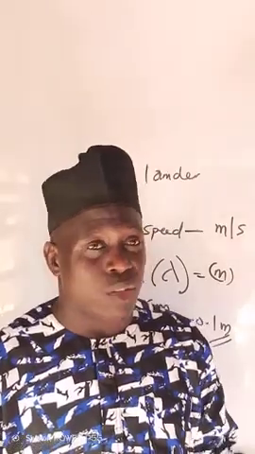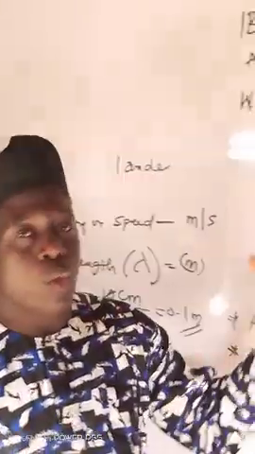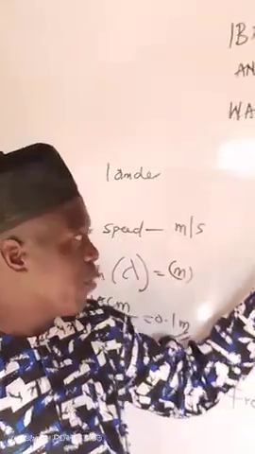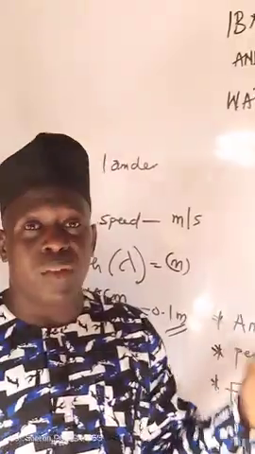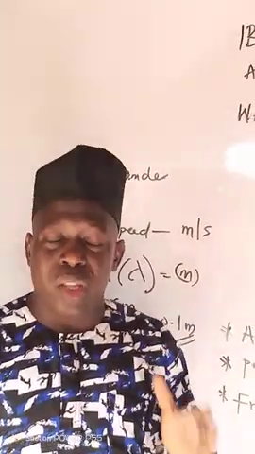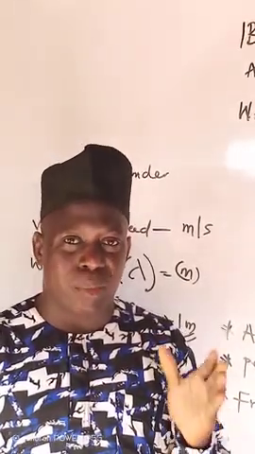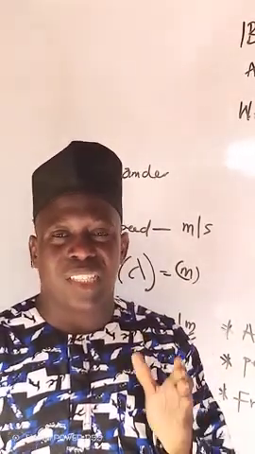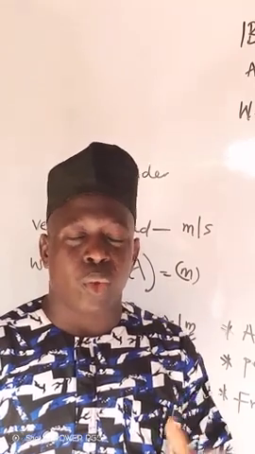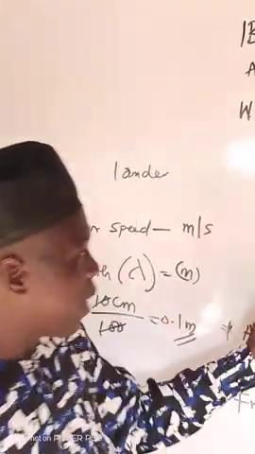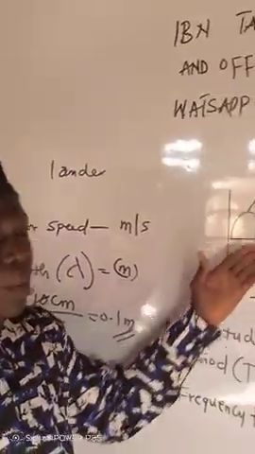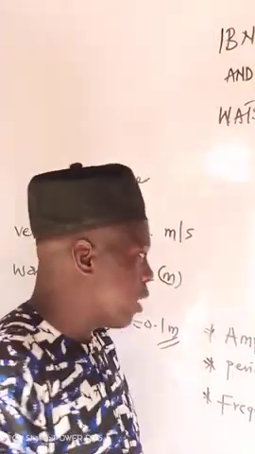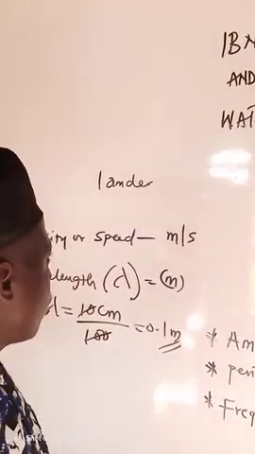They are trying to say that you should find the wavelength. The unit of wavelength is not centimeter, it is meter. If you are given in centimeter, you need to convert it to meter by dividing by 100.